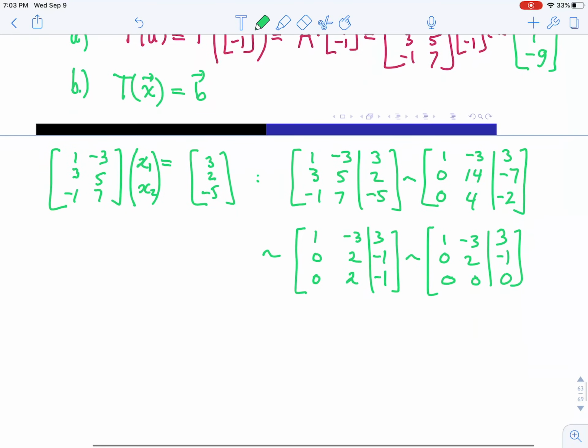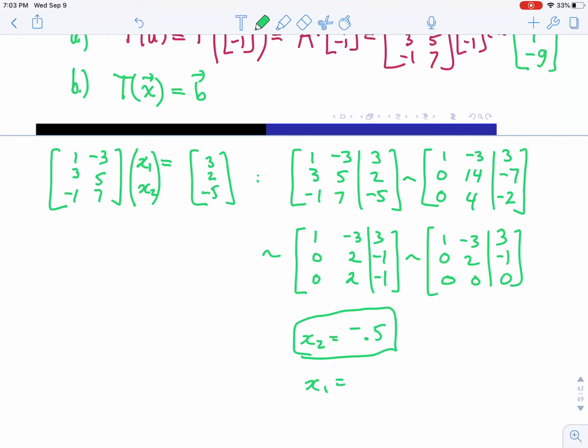When I look at this system, I now see it does have a solution. I can solve for x2. x2 is going to equal -0.5. And then x1 is going to equal 3 plus 3 times x2, which is 3 times -0.5. So that's 3 minus 1.5, so that's 1.5.